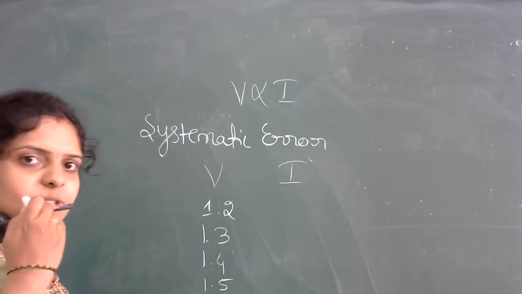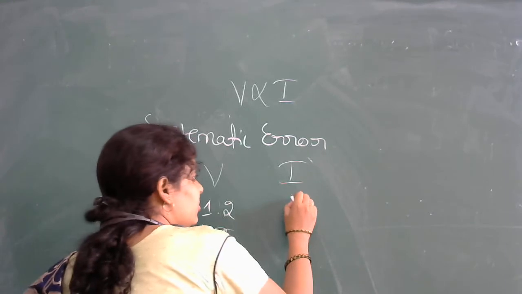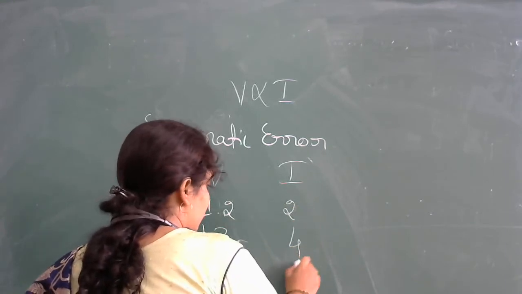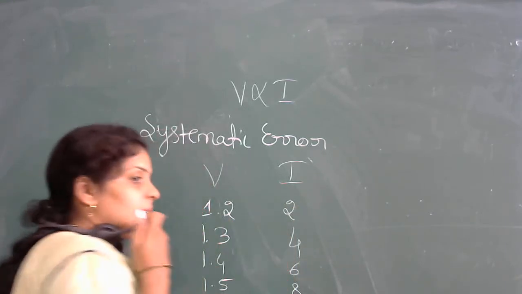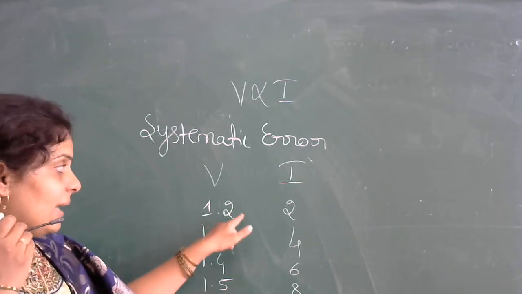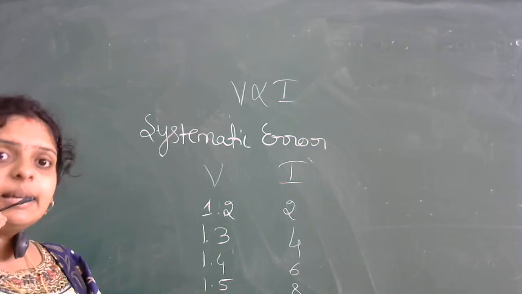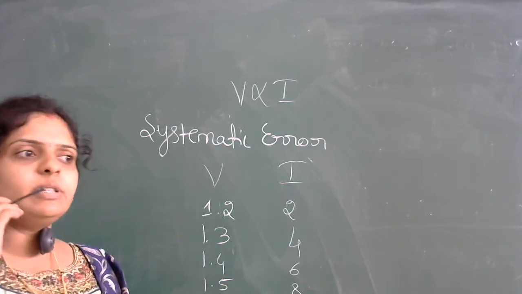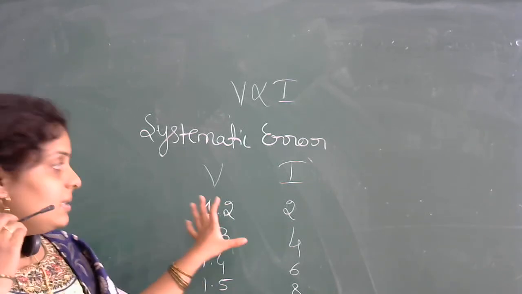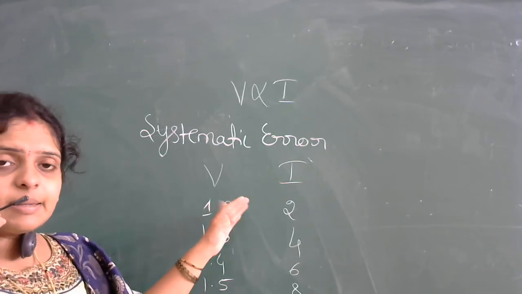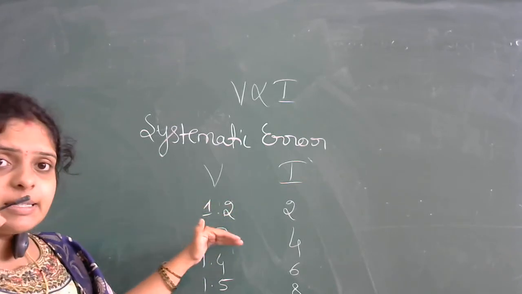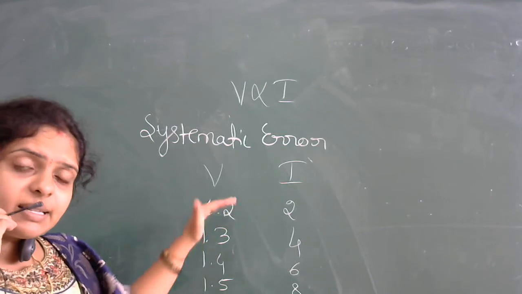And the current values, suppose you get 2, 4, 6, 8. Now you can see the voltage value is increasing and the current value is also increasing.